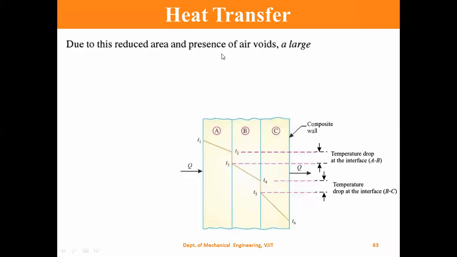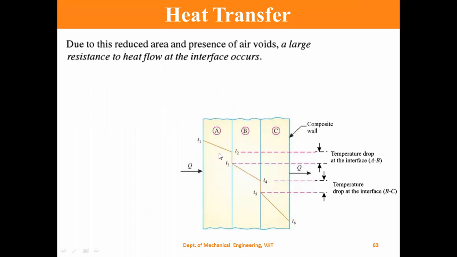Due to this reduced area and the presence of air voids, a large resistance to heat flow occurs at the interface. So what is going to happen here? Because of this area reduction and the air voids, as the heat flows from one slab to the other, in the right side direction, the resistance will be increasing.